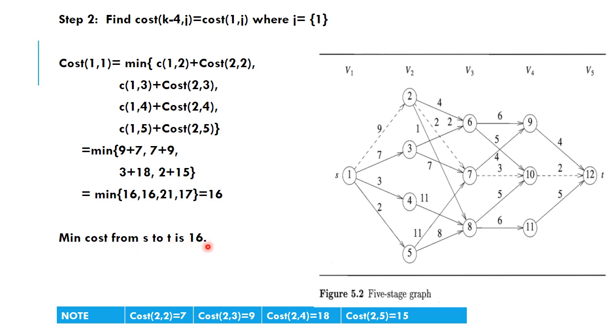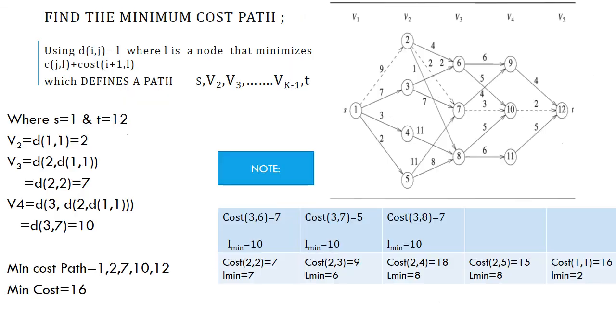Now let's find the path. To find a path, we have a formula. Let's see how it is. And remember here, the node that is giving you minimum value 16 is 2. 3 also gives, as I told, let's go in the order. So I am considering any one you can choose. I am considering here 2. Let's find the minimum cost path.